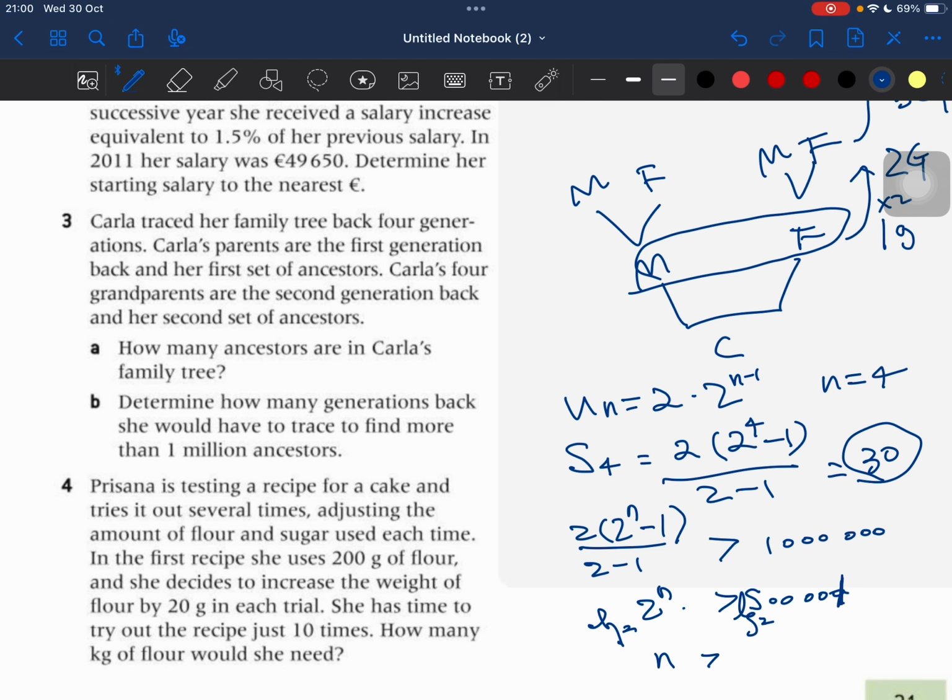So n becomes log base 2 of 500,001, plus 1. So again, from the calculator, 18.9 and so on. So we need to go at least 19 generations back to have more than 1 million ancestors. So 19 generations.